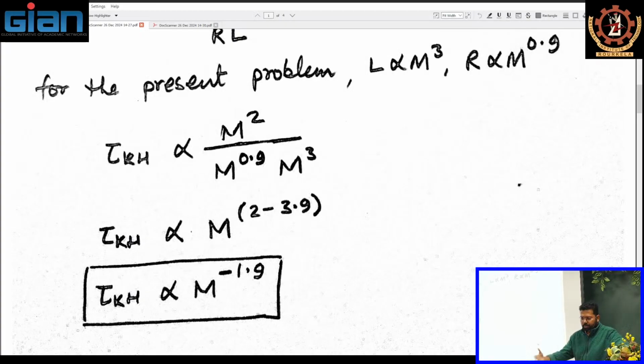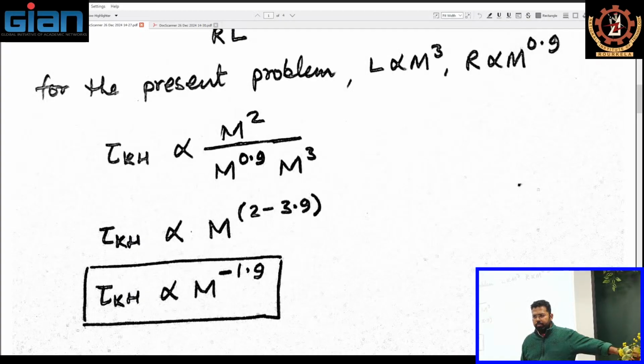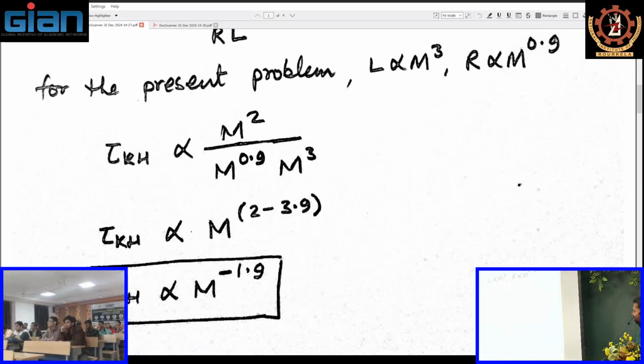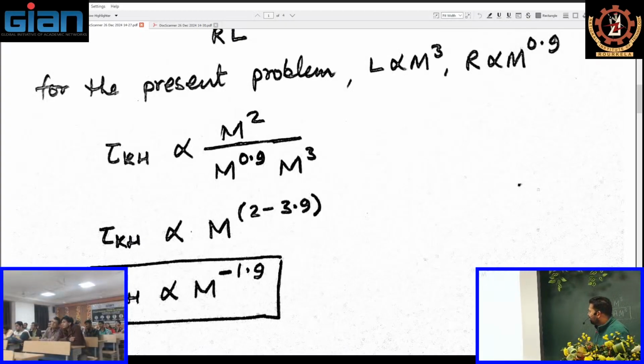Let me rephrase the question: how is the Kelvin-Helmholtz time scale going to vary for different stars in terms of mass? It's fairly simple from this expression. You increase the mass, and the Kelvin-Helmholtz time scale is going to decrease, right? You don't even have to think about it.